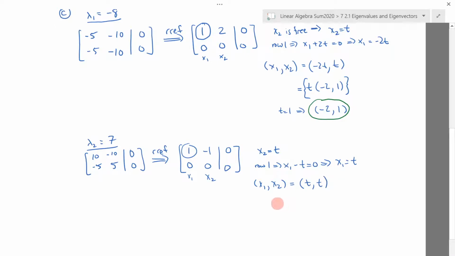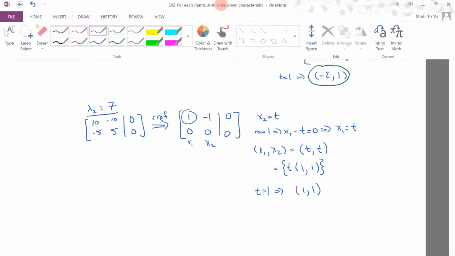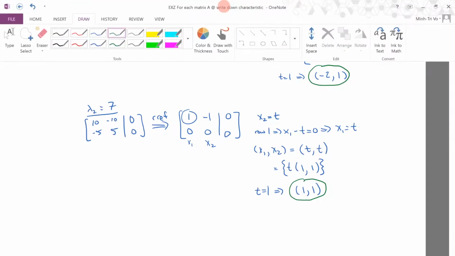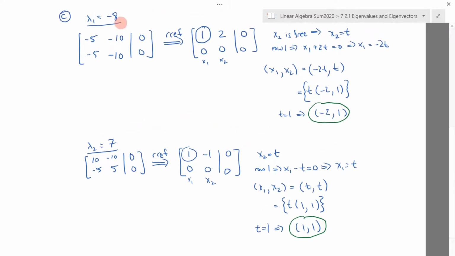And again, both entries have a t, so I can factor out the t. Left with (1, 1). And again, if I set t equals 1, I get a particular eigenvector, say (1, 1). So I could have taken any value for t, but in this case it's simplest to take t equals 1. Okay, so I have my eigenvector for lambda 1, and I have an eigenvector for lambda 2.